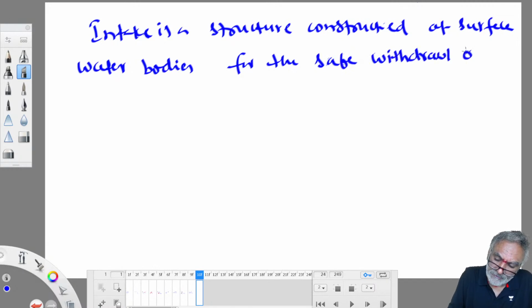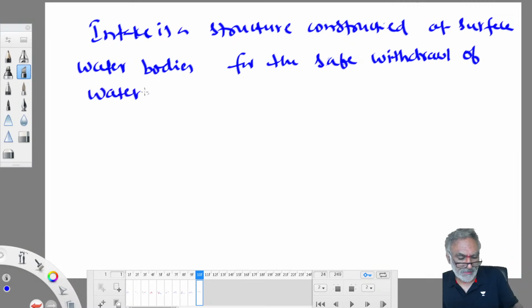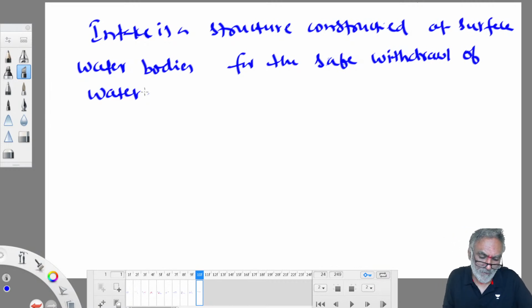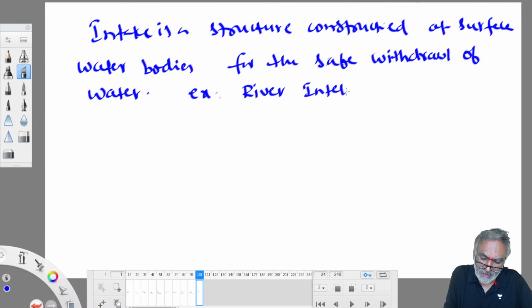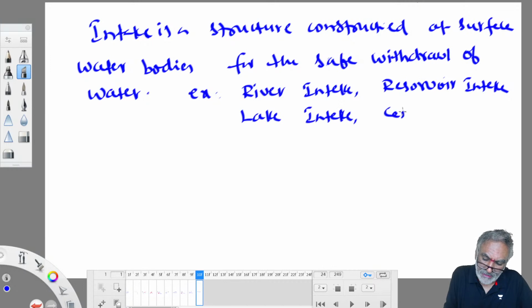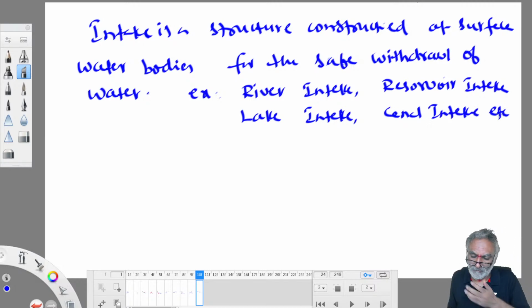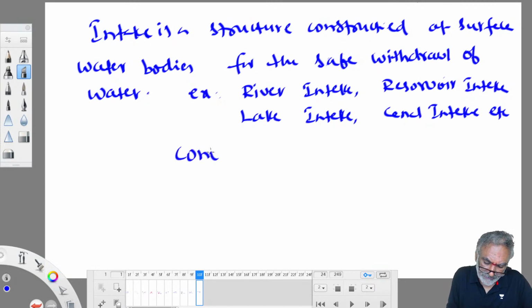That is possible only with the help of intakes. That's it. Okay. So we have river intakes. An intake constructed in a river is called a river intake. We have reservoir intake. An intake constructed in a reservoir is called a reservoir intake. Lake intake, canal intake, etc. Okay. That's about intake.